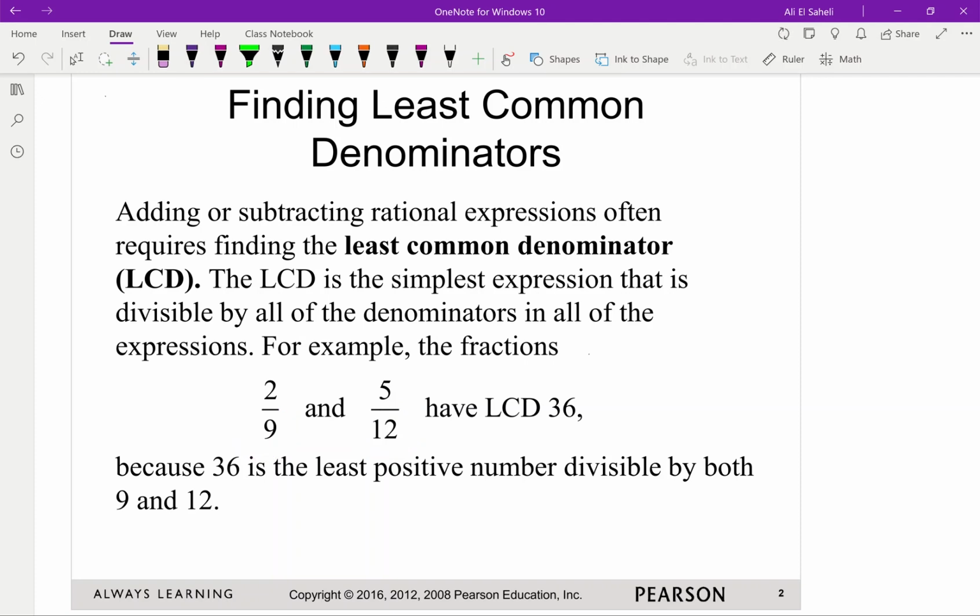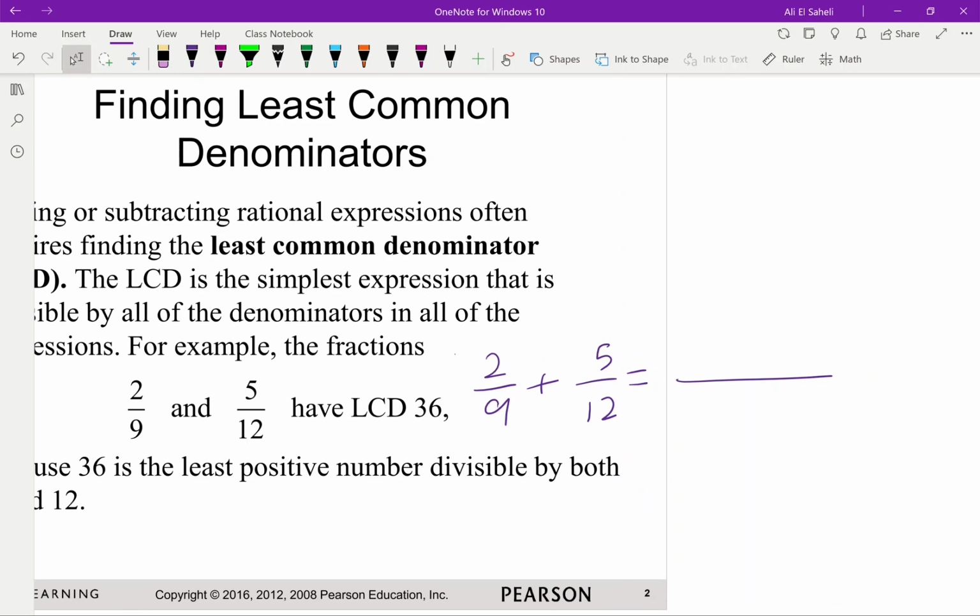And that will help us, for instance, to write 2 over 9 plus 5 over 12 equals. Before we do that, we can make sure we have the same denominator in both.